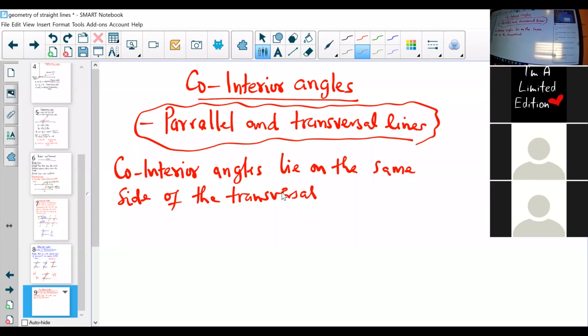They lie on the same side of the transversal lines, between the parallel lines. The other one lies on the opposite side. This one is on the same side between the parallel lines.